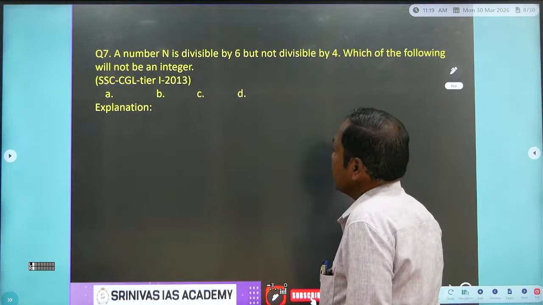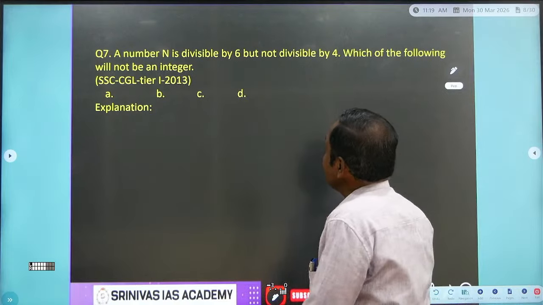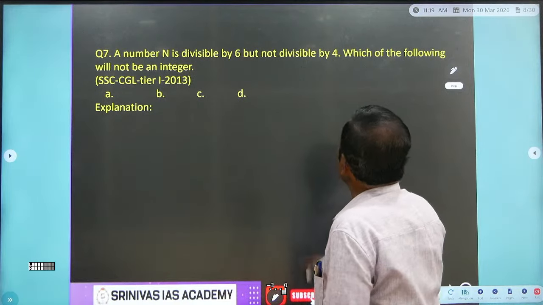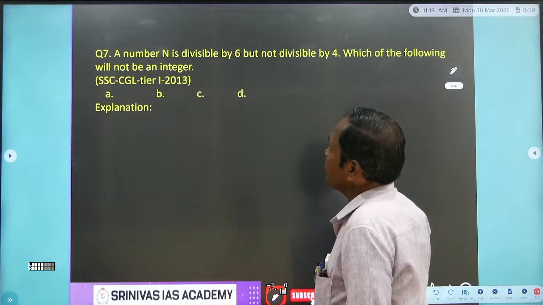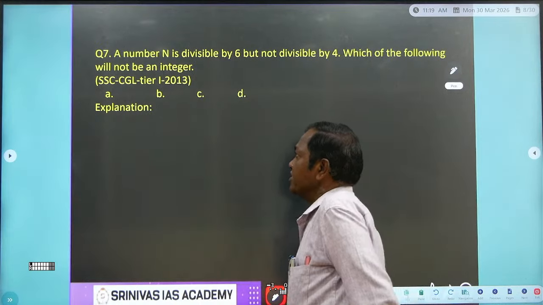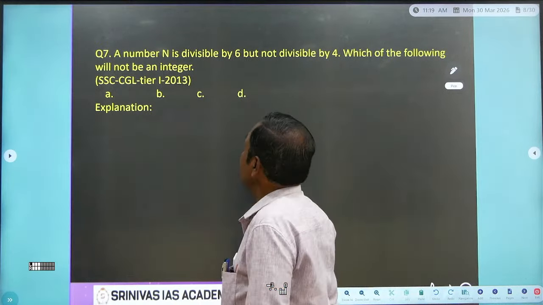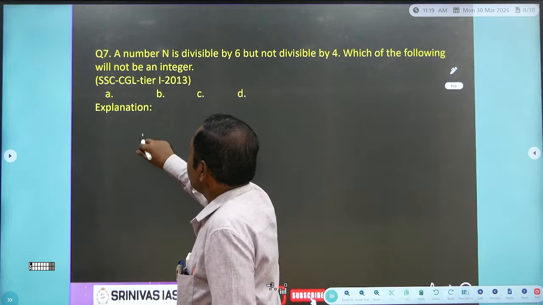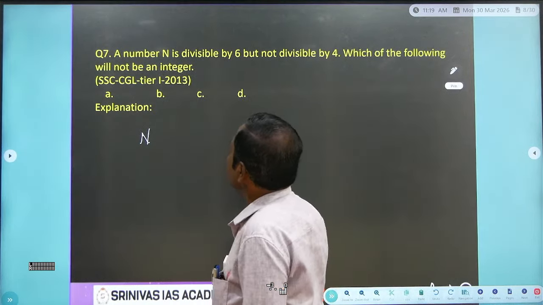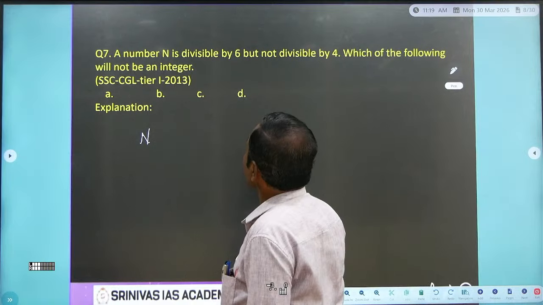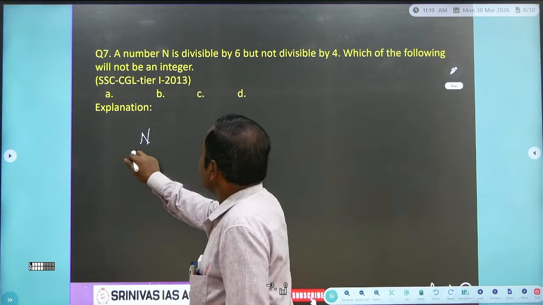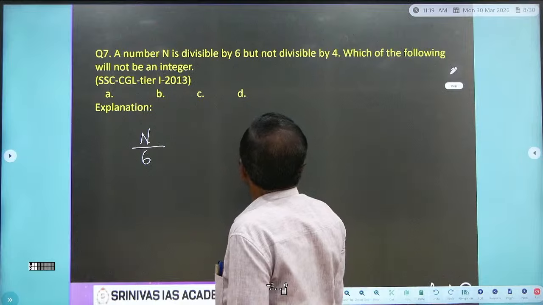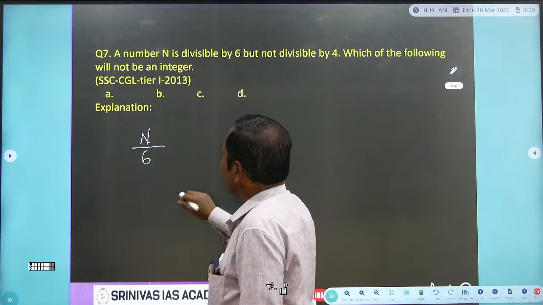Yes, next. A number n is divisible by 6 but not divisible by 4. Which of the following will not be an integer? See that. What is n? It is a natural number, divisible by 6 but not divisible by 4.